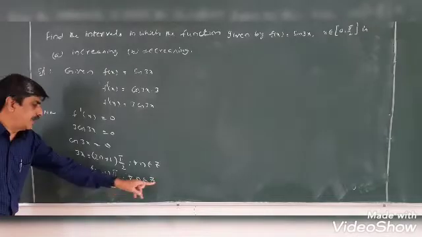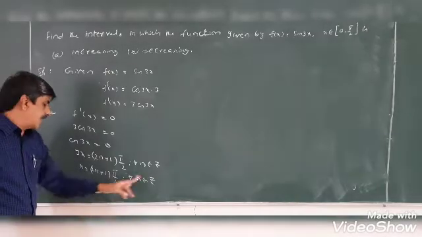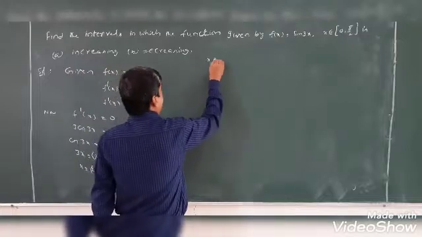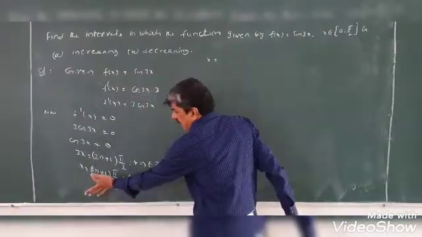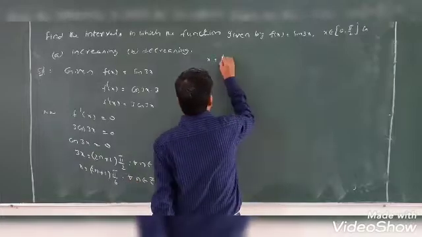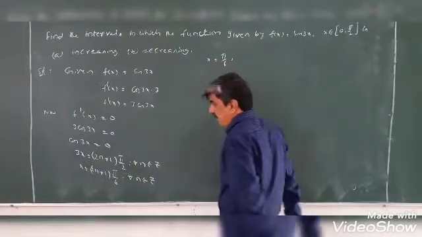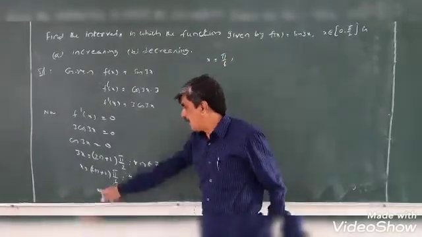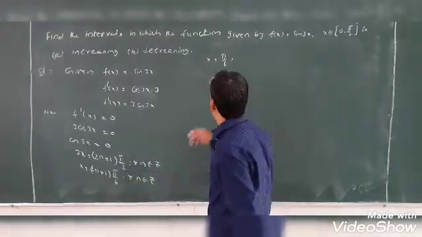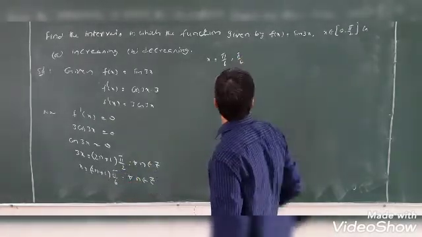Writing n is equal to 0, x is equal to 0 plus 1, 1 into pi by 6, so pi by 6. If n is equal to 1, 2 plus 1 is 3, 3 into pi by 6 means pi by 2.